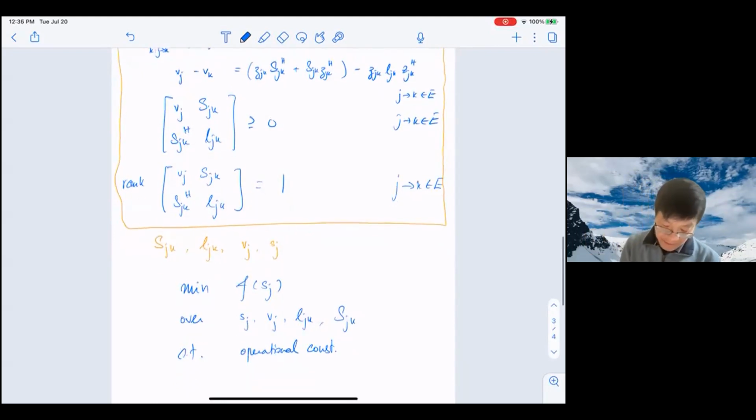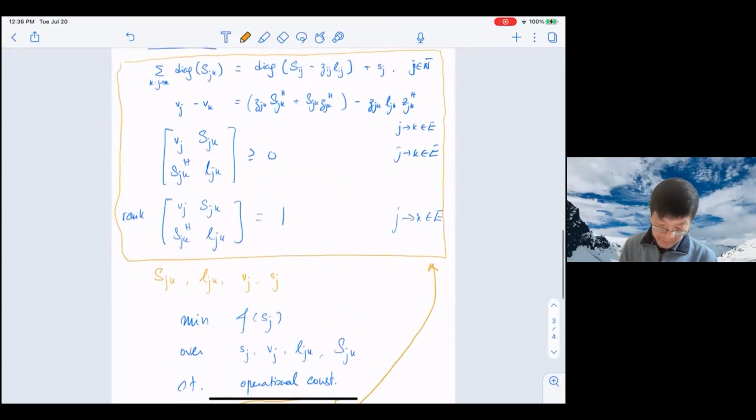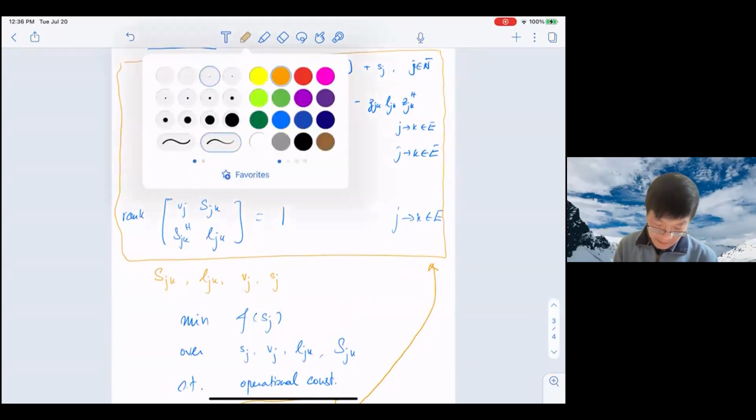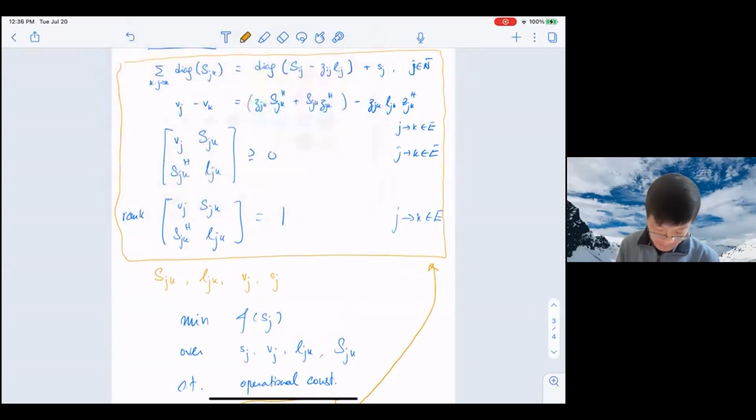And then the second set of constraints are those power flow equations above here. All right, and this is non-convex because of the rank constraint. And therefore, a semi-definite relaxation of this is one that will ignore this rank constraint. That's the SDP relaxation.